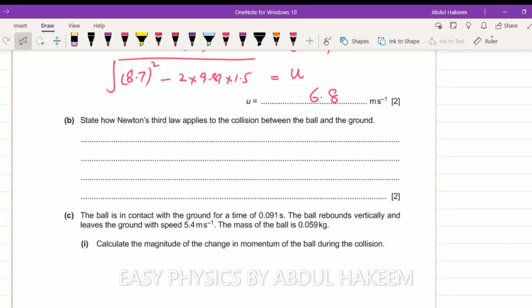Thus, Newton's third law is applicable. So on hitting the ground, the ball exerts force on the ground as action. Then the ground reacts, it exerts force on the ball in the opposite direction. Thus, Newton's third law is valid.